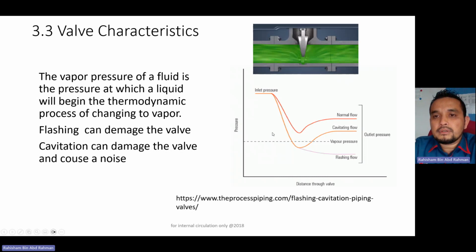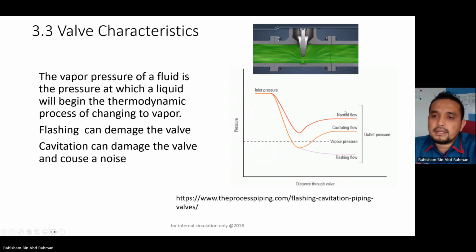The normal flow happens when the pressure drops and it never goes beyond the vapor pressure. It never goes down below the vapor pressure. With this in mind, hopefully the flashing and cavitation will not happen, and it regains its pressure.